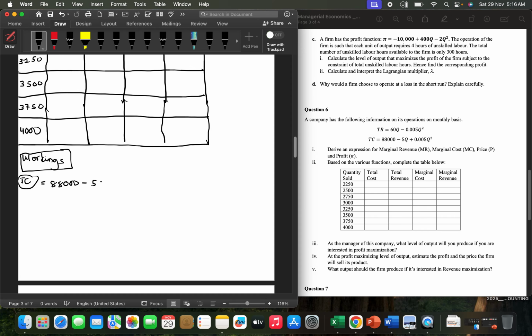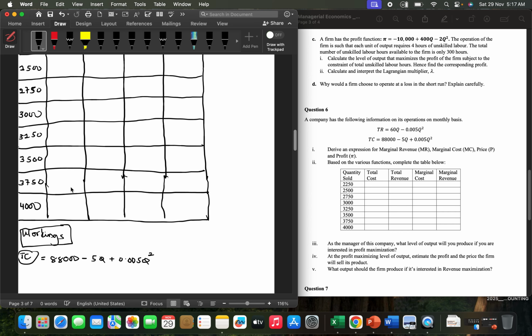The total cost function given is 88,000 minus 5Q plus 0.005Q squared.